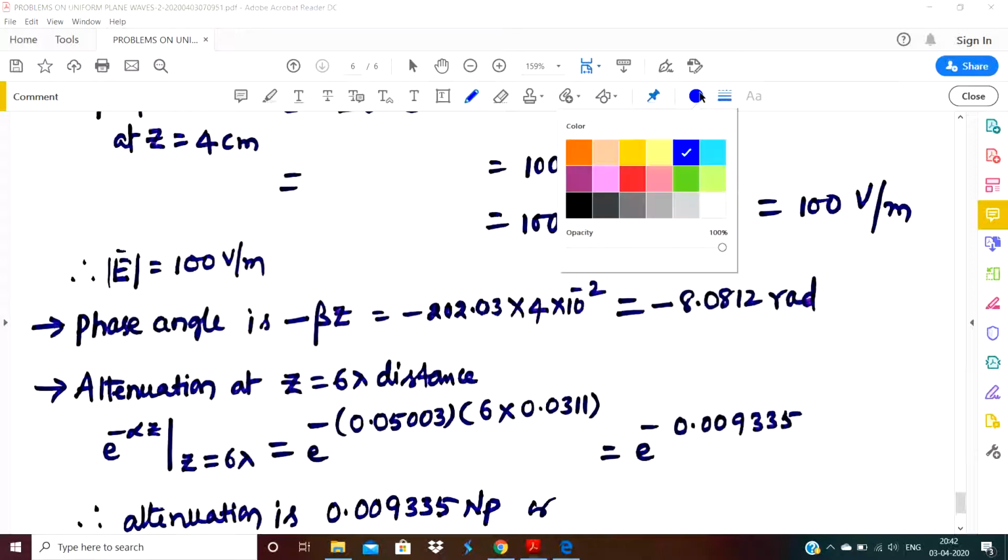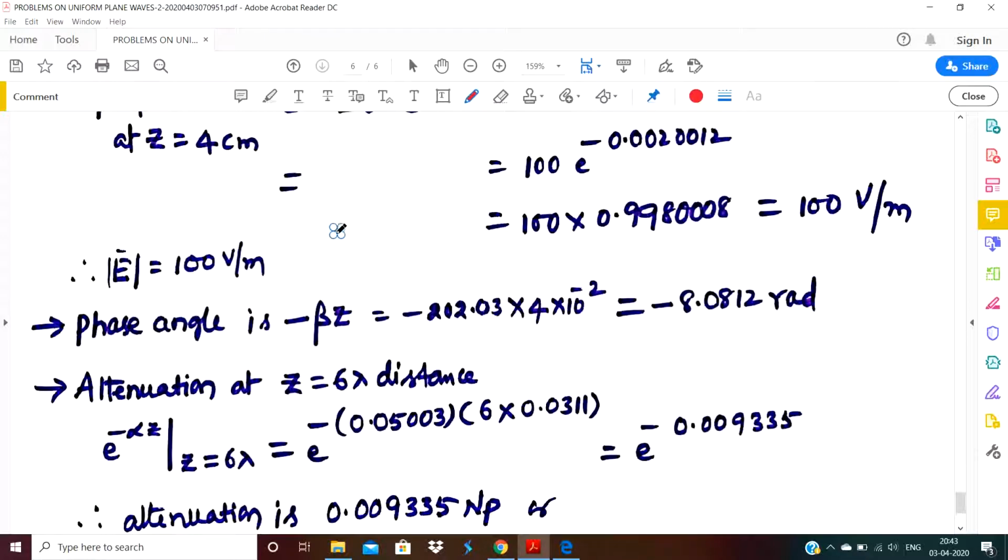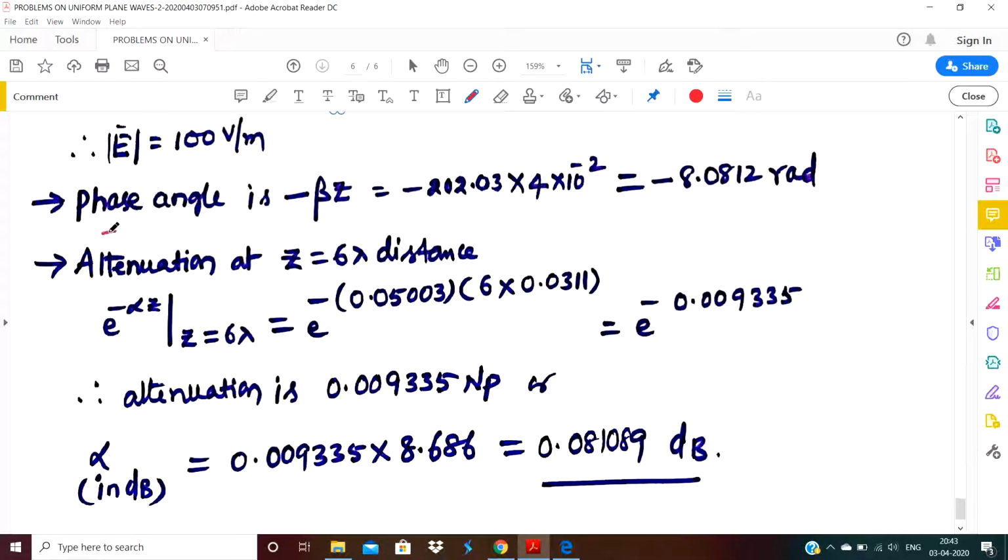Now here the phase angle, it's not the phase constant, we have to understand. Phase constant is beta, its dimension is radians per meter. So the phase angle we can write by multiplying with the distance: minus beta into Z is called the phase angle.